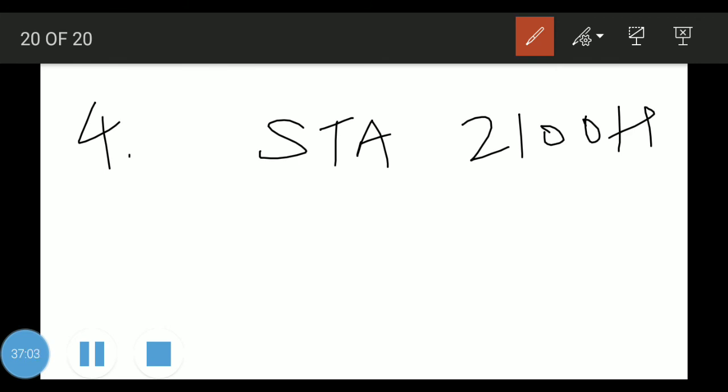There are approximately 120 instructions in total. If we know all these 120 instructions, then it will be very easy to write a program in the microprocessor.